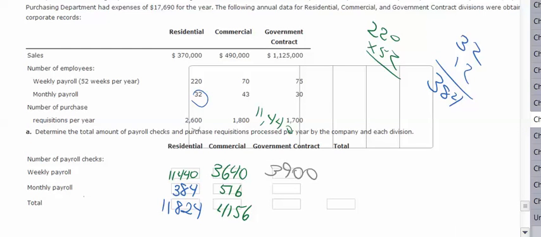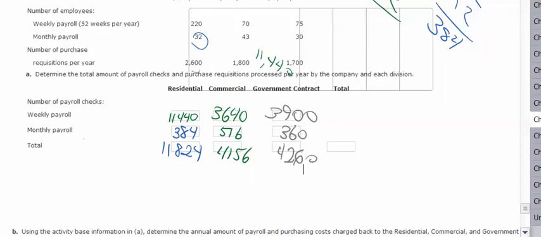So 30 monthly checks, 30 times 12 equals 360. Add the 360 plus the 3,900. That's 4,260. So now we have the number of checks that we are going to be processing.